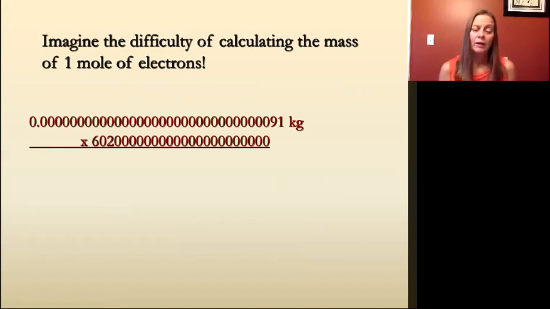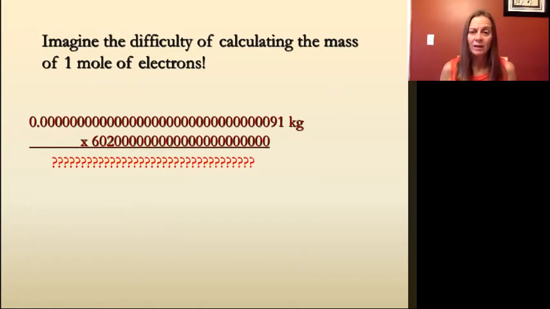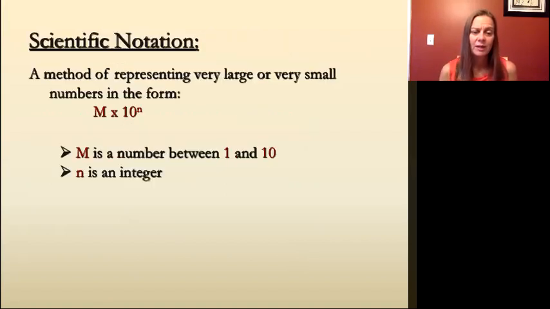So in order to simplify our lives and make these kinds of calculations easier, we have this tool called scientific notation. Scientific notation is just a way of representing very large or very small numbers.